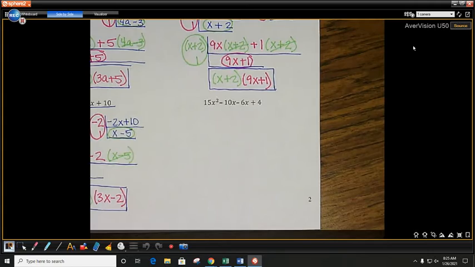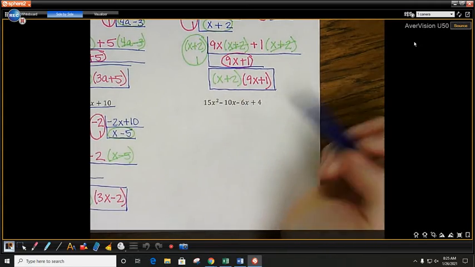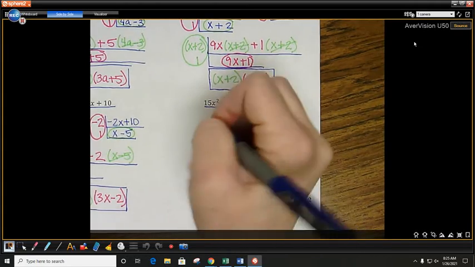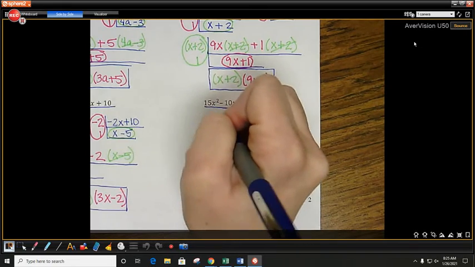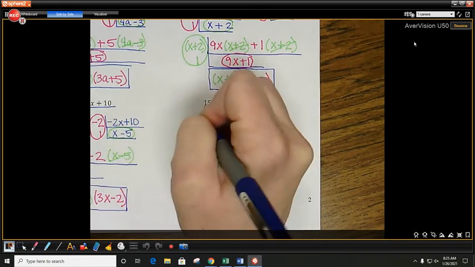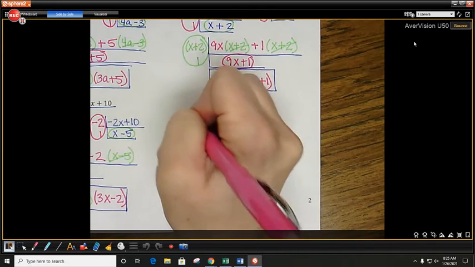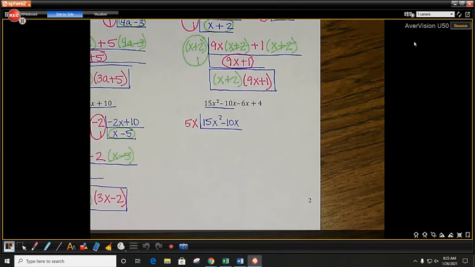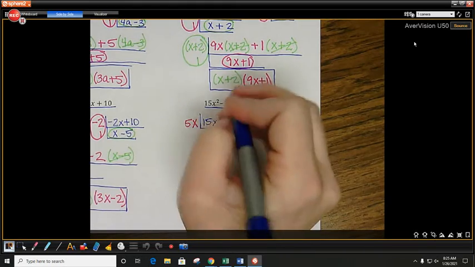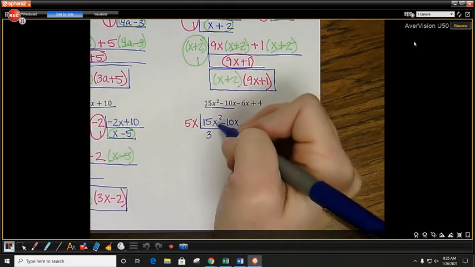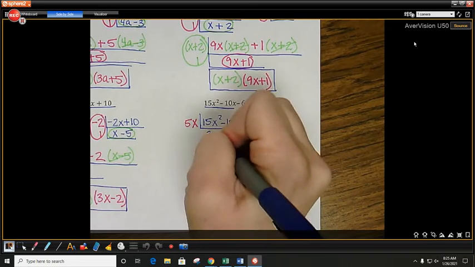Last one. 1, 2, 3, 4 terms. Group the first two together, so 15x squared minus 10x. 15 and 10 are both divisible by 5, and they both have an x, so I'm taking out a 5x. 15 divided by 5 is 3. You have 2 x's, but you're taking 1 out, so there's only 1 left.